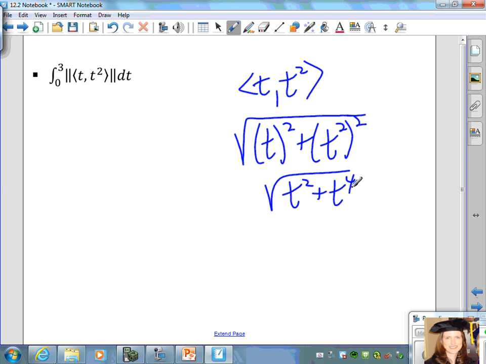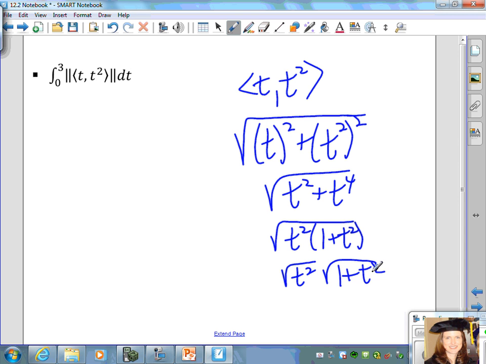Now this can be simplified. In fact, you could factor out a t squared from both of those. If you factor out the t squared, you get 1 plus t squared. When you simplify this radical, it's the square root of t squared and the square root of 1 plus t squared. So this can be simplified to t times the square root of 1 plus t squared.